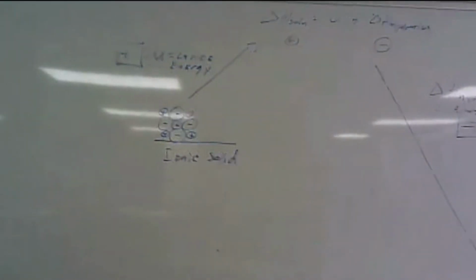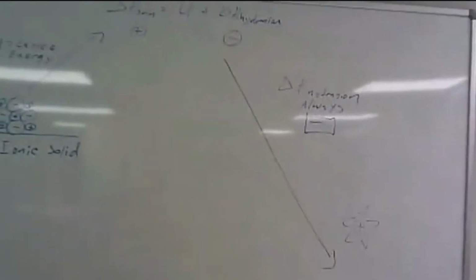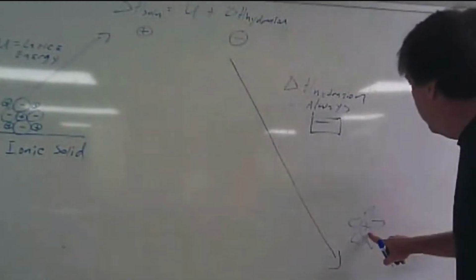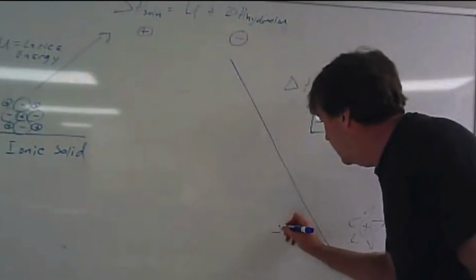I'm going to draw just a couple of them. You would have to do this too. Make sure you can see that. You would have to show the proper orientation. Here's one of my ions that's hydrated with water. Here's the other one.